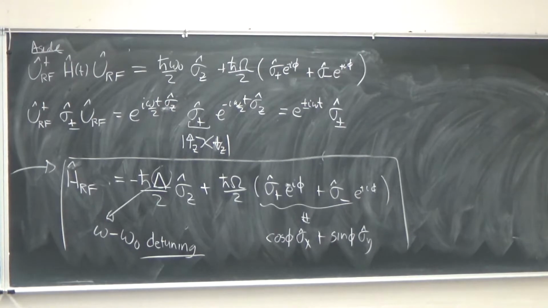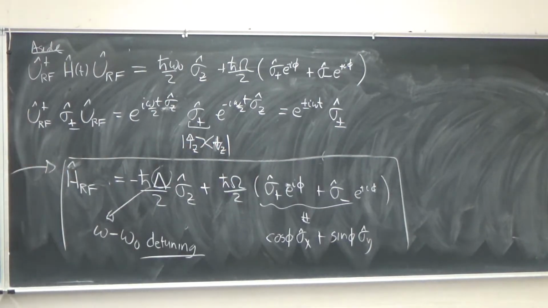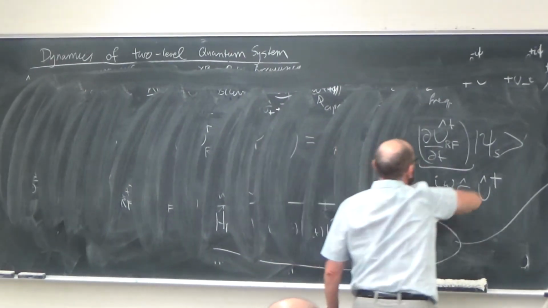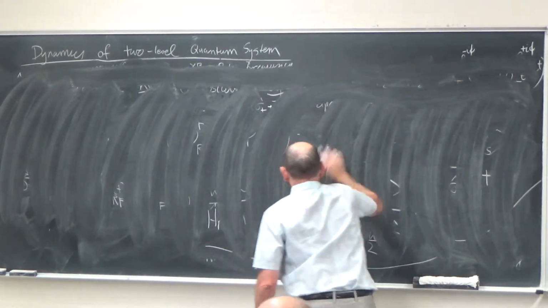And thus we can solve for the time evolution operator without worrying about the time ordering. We can just exponentiate our Hamiltonian as we are wont to do when we write down the time evolution operator.